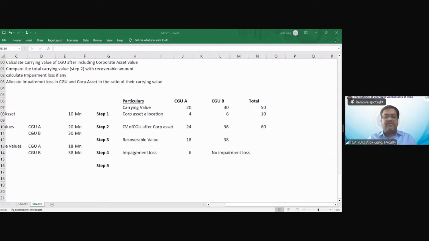Allocation of impairment loss in CGU A. CGU B will not have any, right?